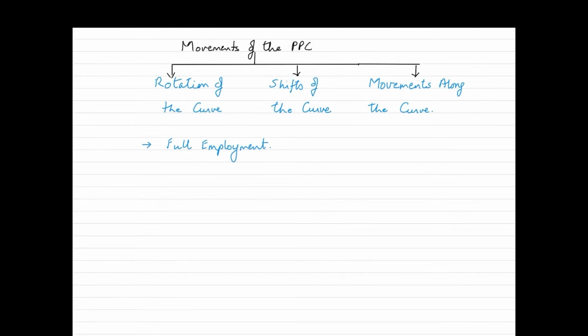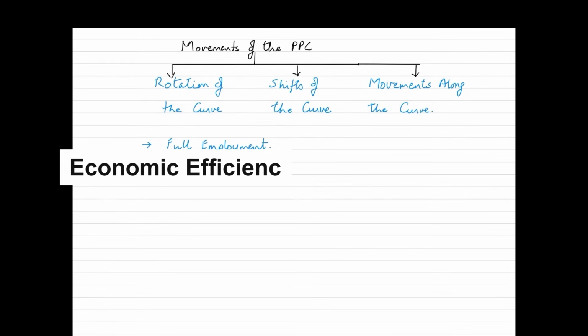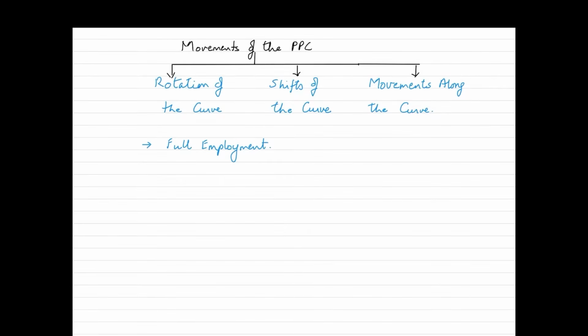We have a movement along the curve as well. Now movement along the curve is also called economic efficiency. So when you move along the curve, it would mean that you are changing how much of one thing you make because you want more of the other. Say for example, in the same country, there are 100 cars and 50 computers being produced, right? And the country now decides to make 50 more cars.